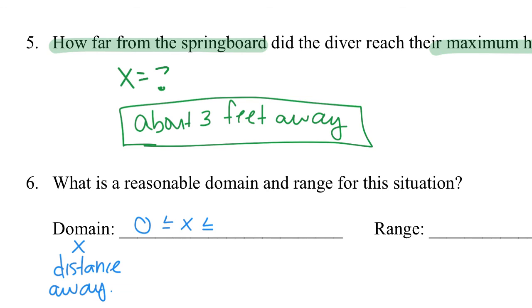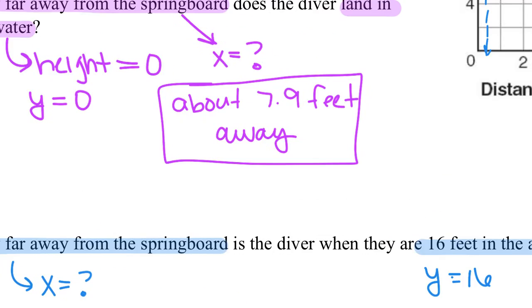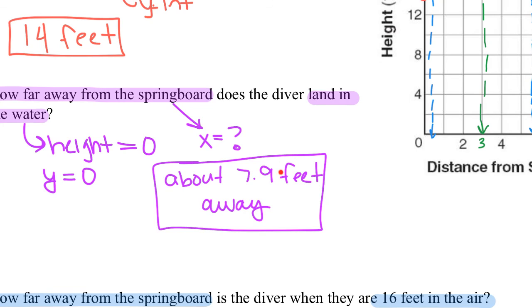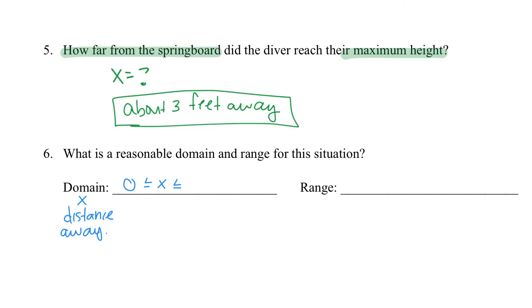Then the furthest away from the springboard you can get is when you hit the water. So that's that pink point. So we have at the springboard, and then the furthest away I can get from the springboard is when you hit the water. And we said that that was at about 7.9 feet. So that's your maximum for your x values. That's the furthest away from the springboard that you can get.